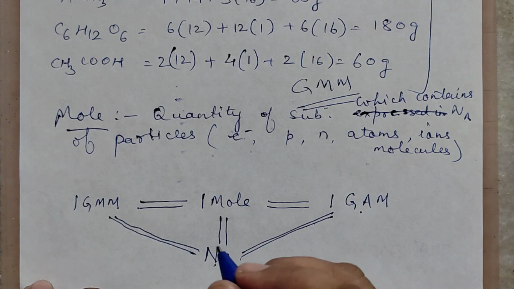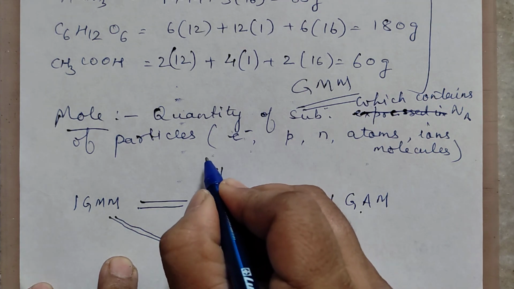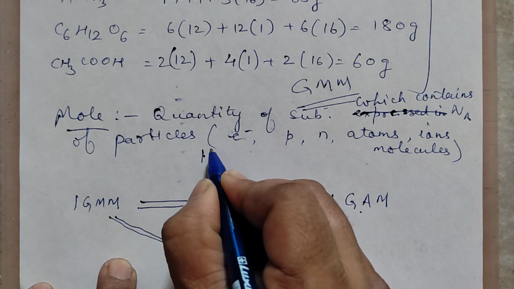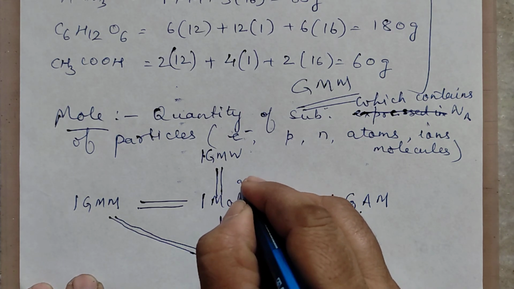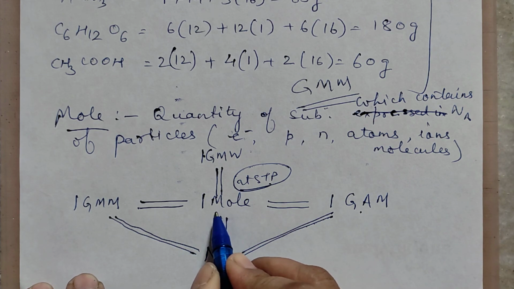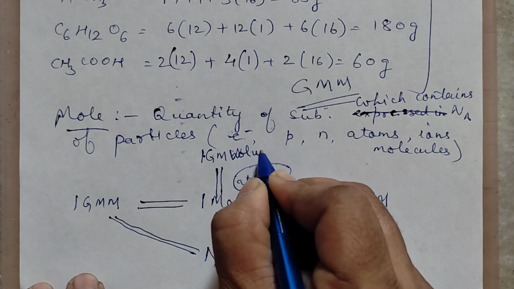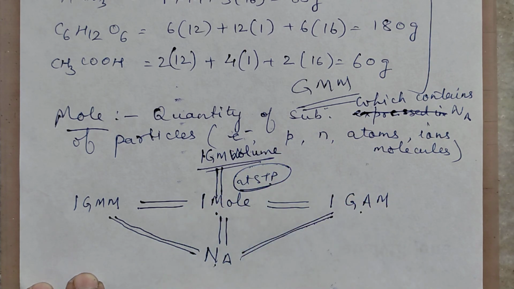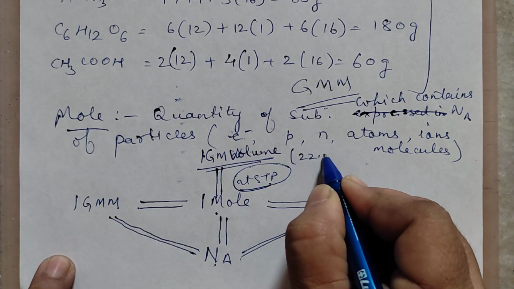Another interesting thing is 1 mole of any gas at STP will occupy 1 gram molar volume. What is this? It is nothing but 22.4 liters.